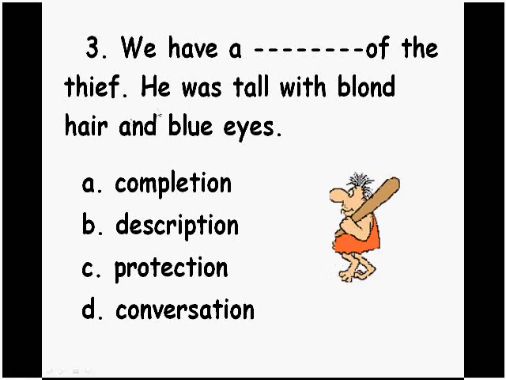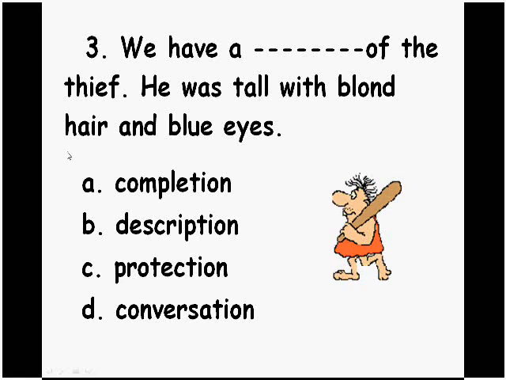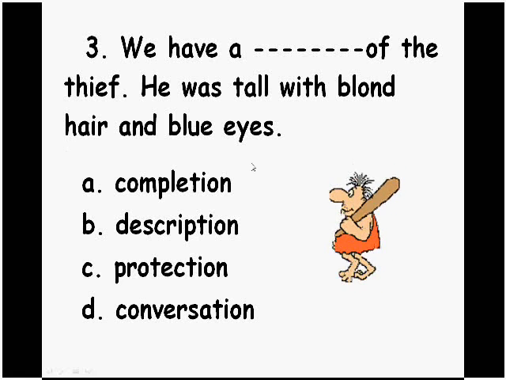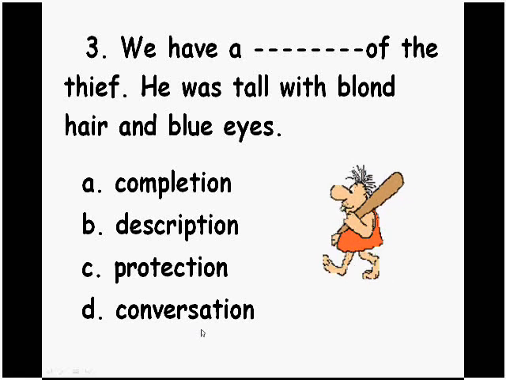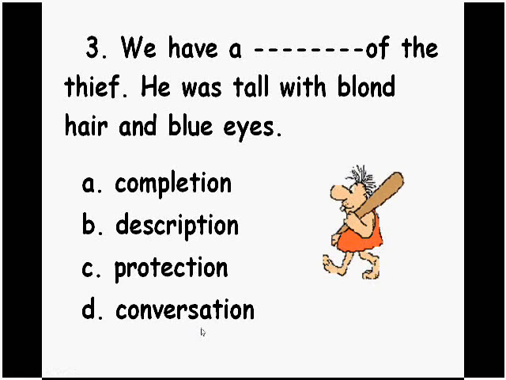They explain whatever we have here: he was tall with blonde hair and blue eyes. So A, completion, B, description, C, protection, D, conversation. When I describe somebody and say that this person is tall, and the color of hair is this, and the color of eyes is that, what do we have then?